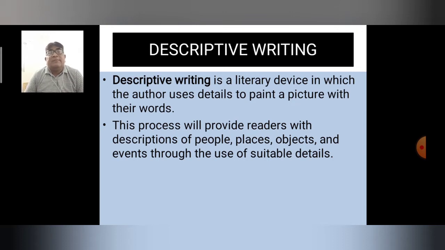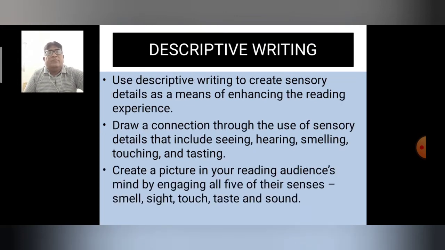So, the descriptive writing may be of people, places, any object and even the event where we have visited, the very good buildings, very good places, open places, right? So, the author's work is to write this descriptive writing in a very well manner. Let's go ahead.